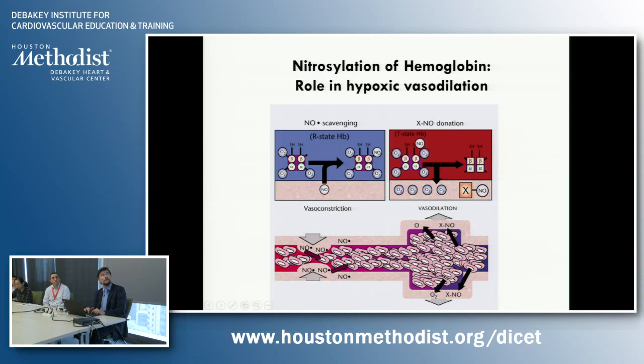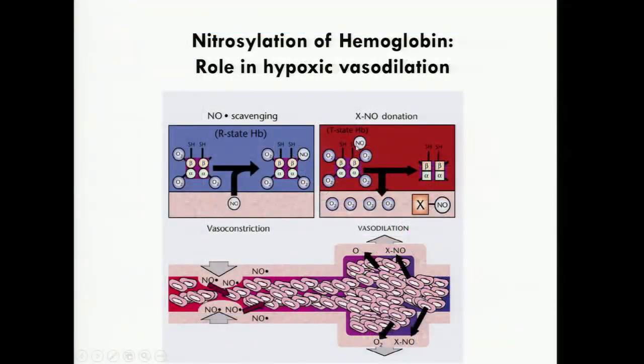And then as the blood circulates through the body, there's an intramolecular transfer from the heme group to this cysteine group, Cys93, on the beta globin chain. And so by the time the blood reaches a deoxygenated part of the circulation, the hemoglobin assumes a different configuration.